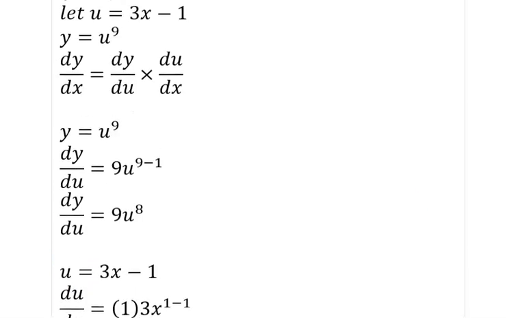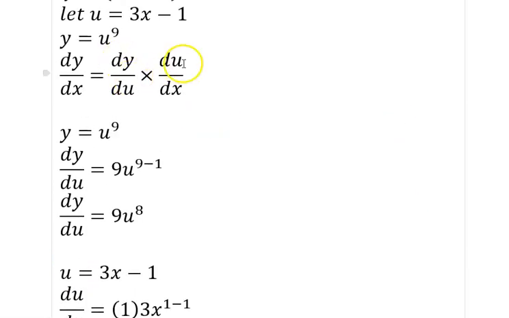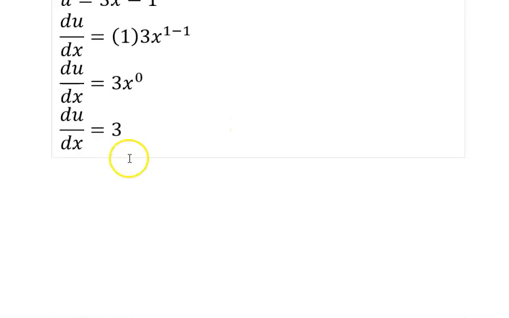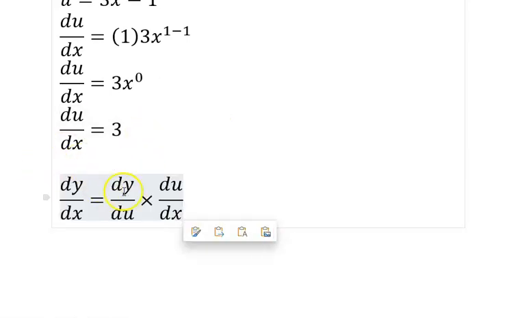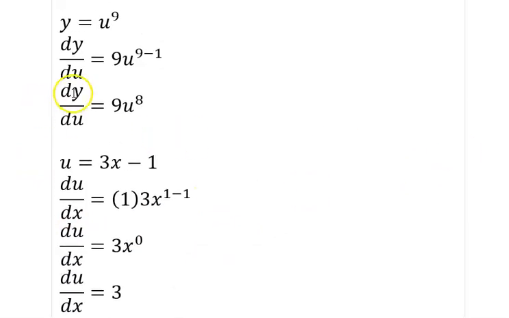So we've been able to get our dy du and our du dx. So let's input them here. Awesome. So what's our dy du? We've been able to get that. Dy du, then u raised to power 8.